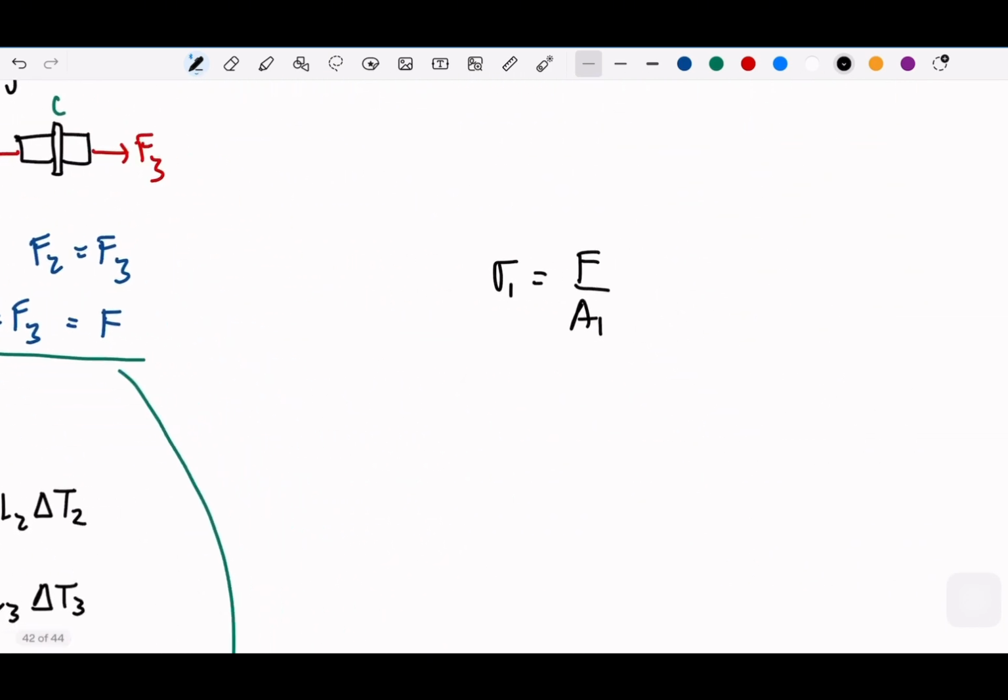This will be equal to 6.44 megapascal. Sigma 2, since the area is the same and F is the same, is also equal to sigma 3, which is F over A2 or A3, 30.261 MPa.